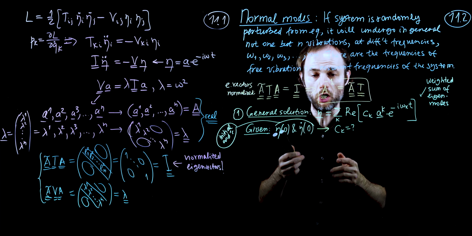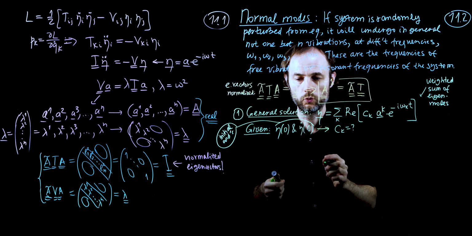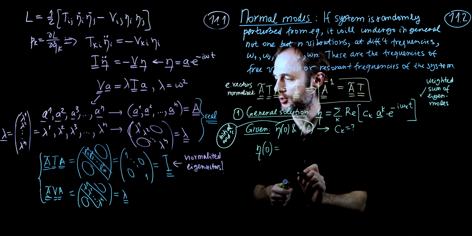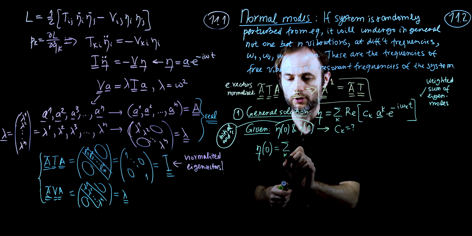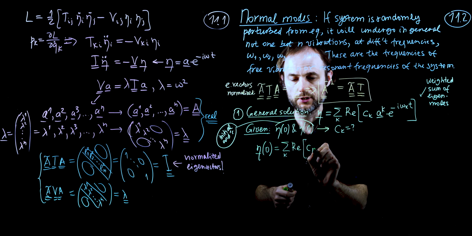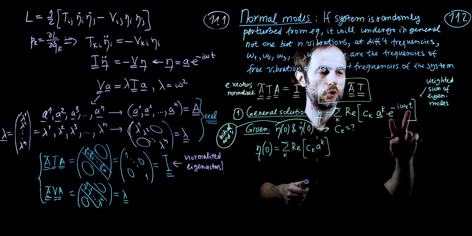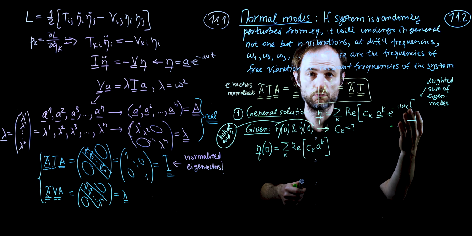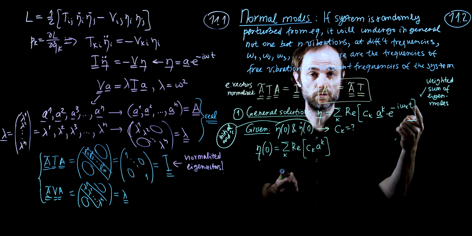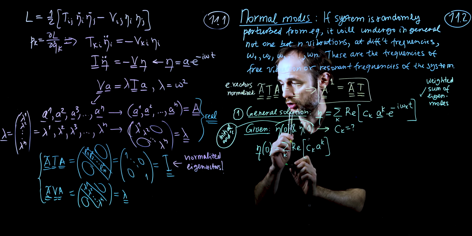Well, let us write down what our solution would be at the initial time, and that would be eta of 0 is going to be equal to the sum over k of the real part of ck times ak, and all of these exponents are going to be just ones, right? Because if we plug in 0 for t, e to the minus power of 0 is 1. So that's nice. What about eta dot?